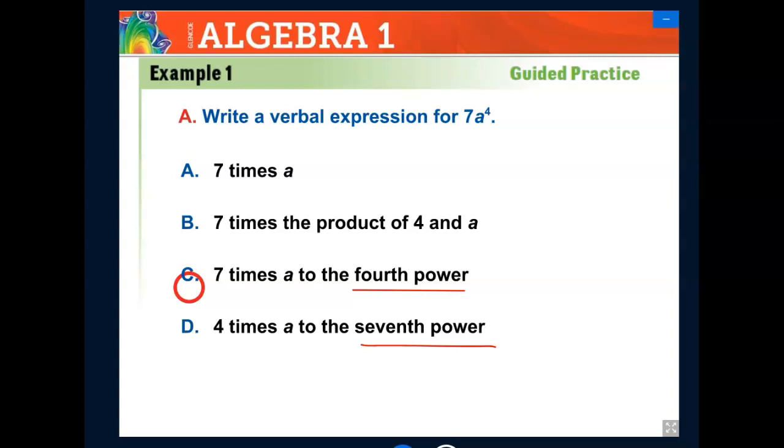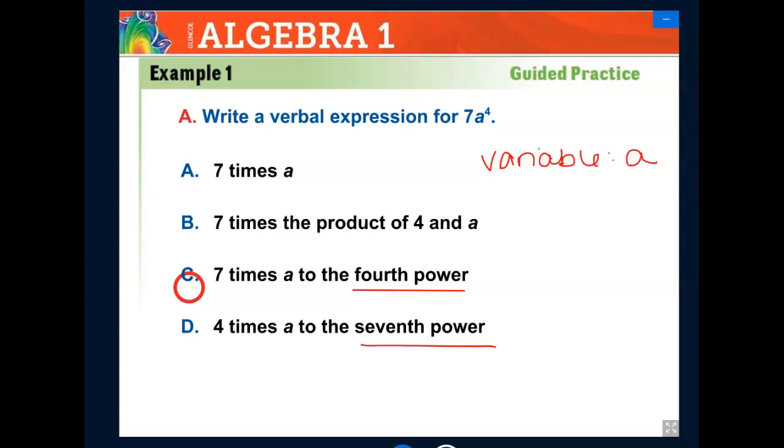So let's go back and talk about that vocabulary. What's the variable in this problem? What do you think, Sarah? A. Fantastic. So if I ask you on a quiz what is the variable, your answer is A.